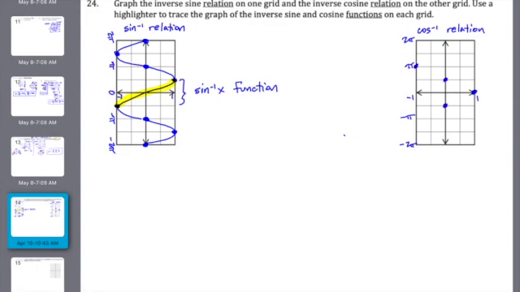So I'm just kind of drawing these points in so I get that symmetry or that cup shape. So in this case, we're going to have it kind of just be periodic through here. It's kind of hard to draw sideways, but that's all right.